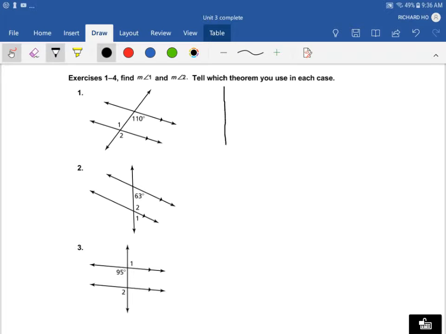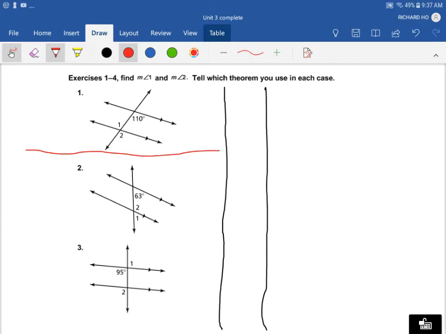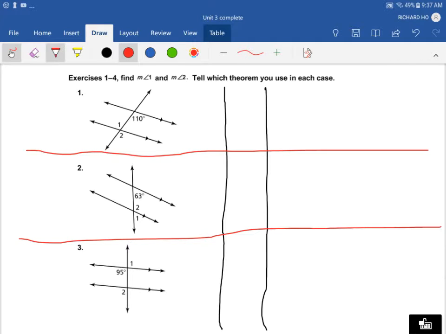I'm going to make a little table just to make this a little bit neater. Okay, so for number 1, we want to look at the relationship that 110 has with angle 1, and then 110 with angle 2.